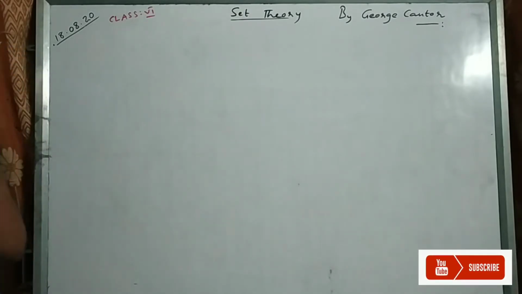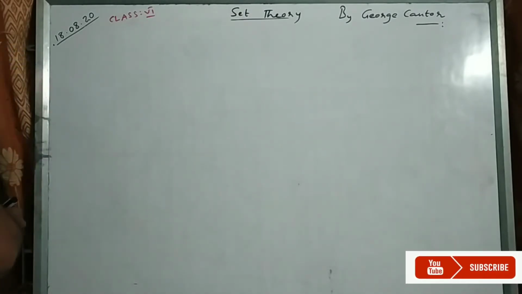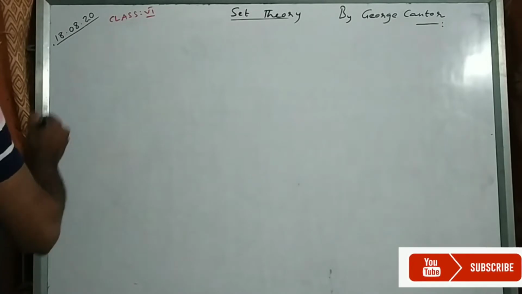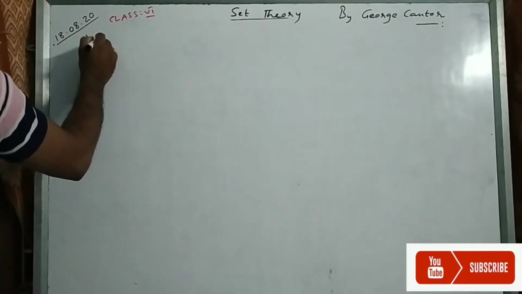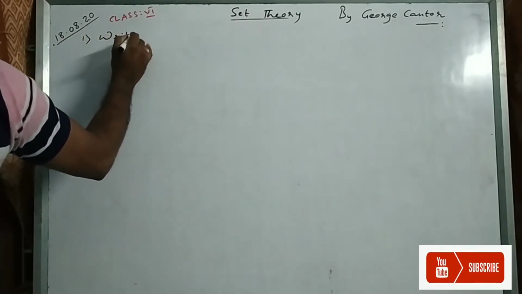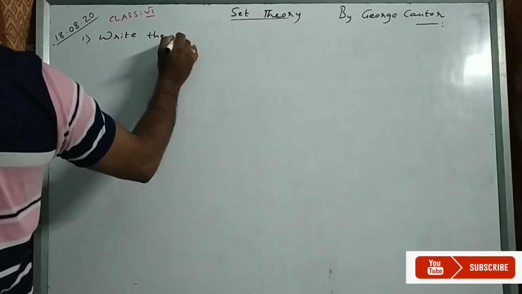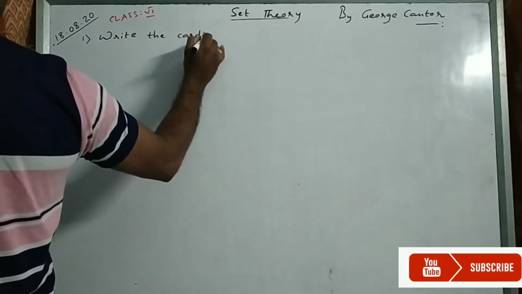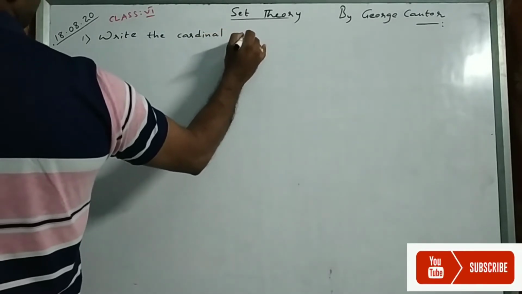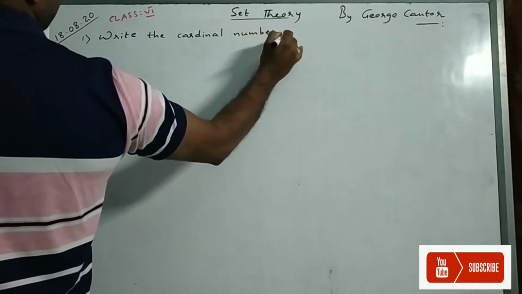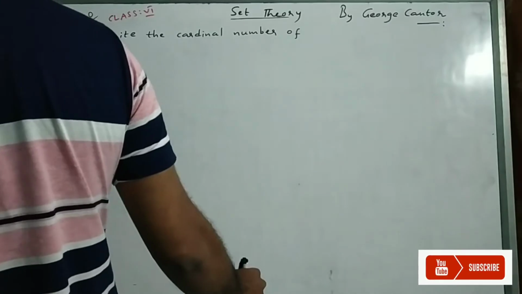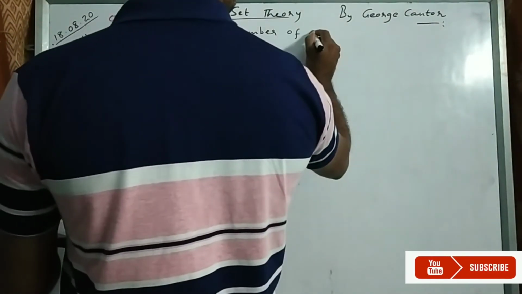Okay. We see. Write the cardinal number of each of the following sets.